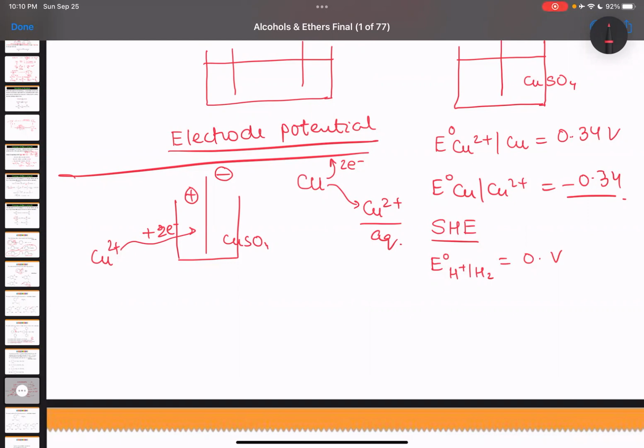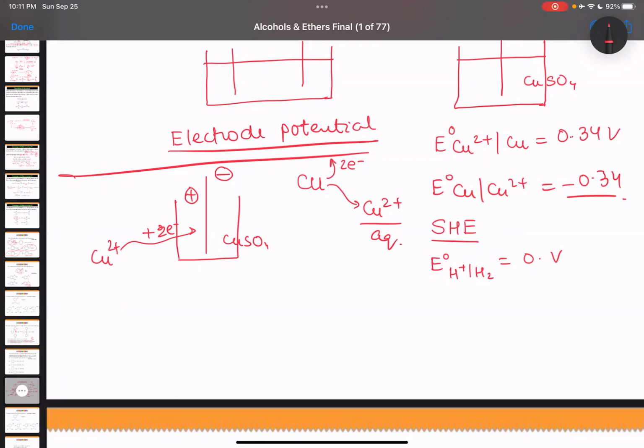But how do you measure? You can't measure it alone, because you need the current to flow. So what you do, you compare it with standard hydrogen electrode. Standard hydrogen electrode is the reference electrode.